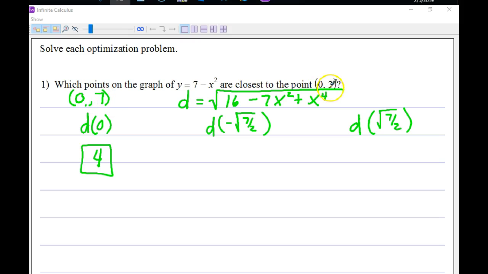This point is 4 units away from that point, and this point is actually on the parabola. Now we're going to find out another point on the parabola and see what that one comes out to be. So for this one, we will plug in the negative square root of 7 halves.